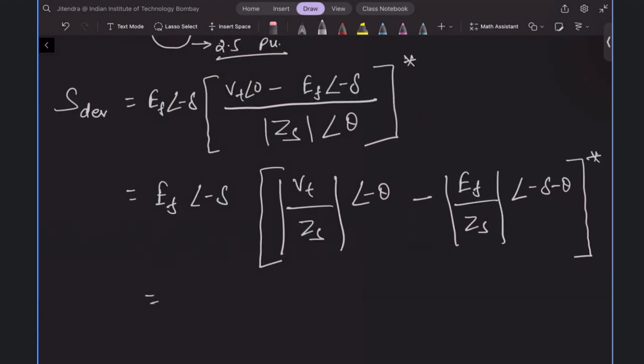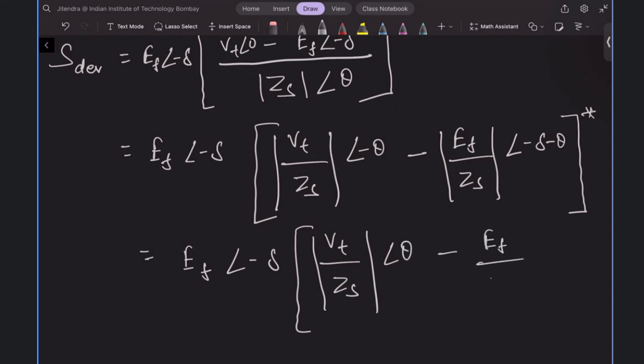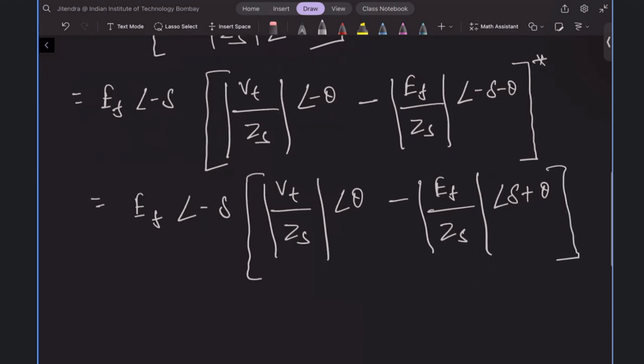So if you further simplify it, EF angle minus delta, and conjugate of minus angle will be plus, right? So VT by Zs angle theta minus EF by Zs angle delta plus theta. I hope you did not find any difficulty in manipulating this expression.